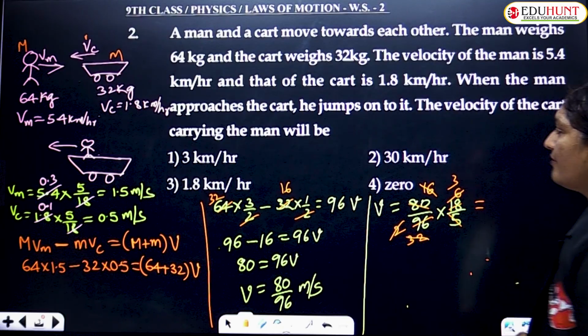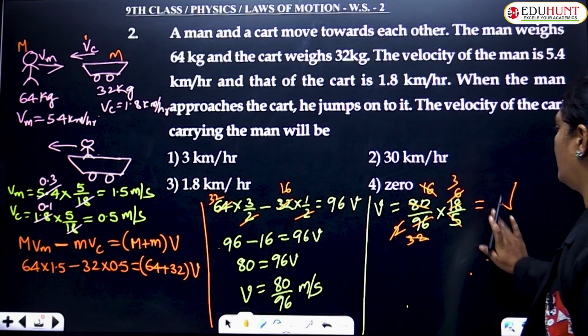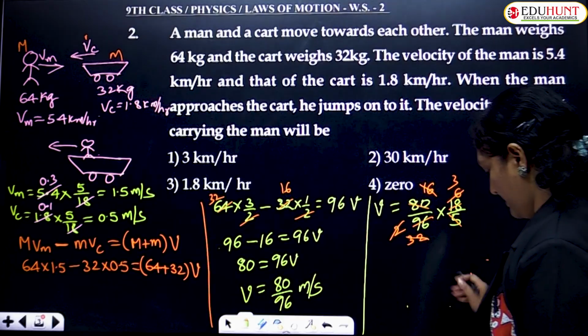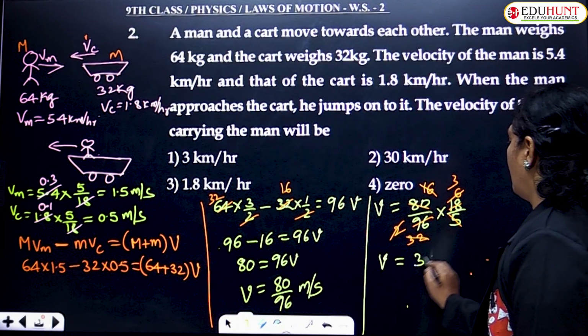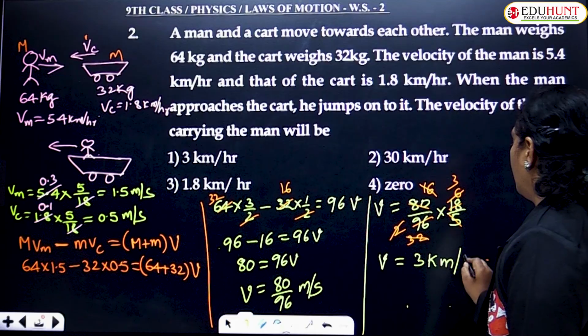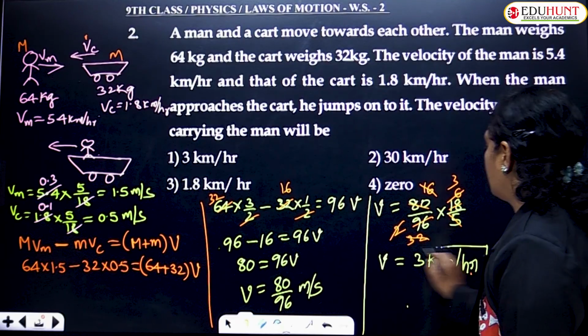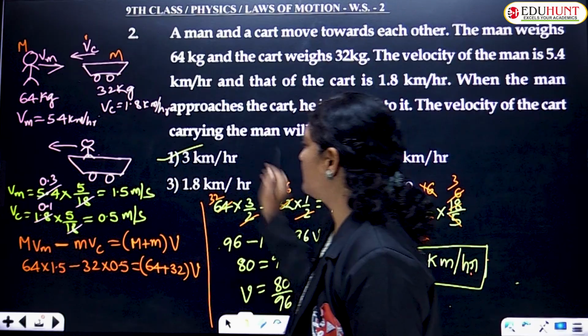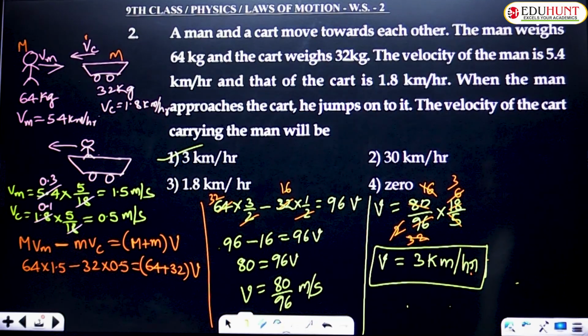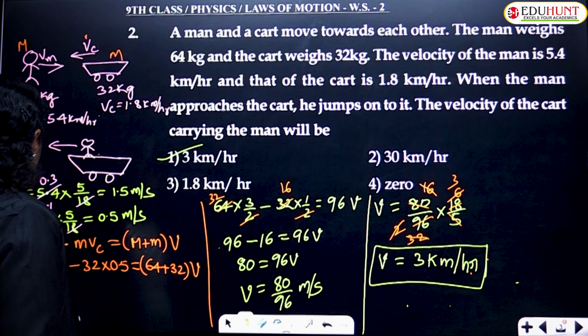Hence, we found that the common speed of the man along with the cart is V equals 3 kilometer per hour. Must be your final answer. Hence, option number 1, that is 3 km/h, must be true. Is that clear, children? The next question.